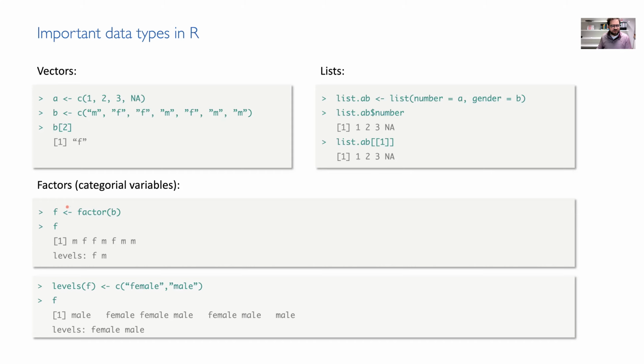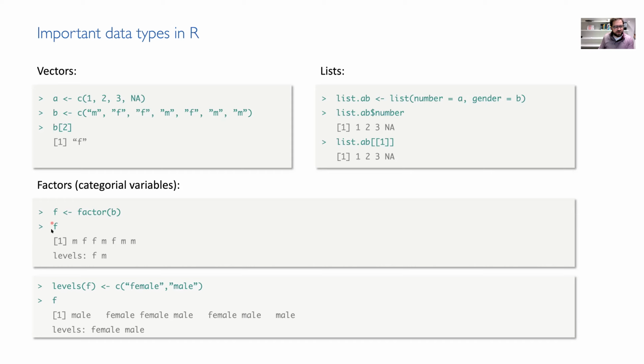And that's what a factor is doing. It's a categorical variable that can only take a limited number of values. For example, this vector B here can only take 2 values, and I tell R that by making this a factor.